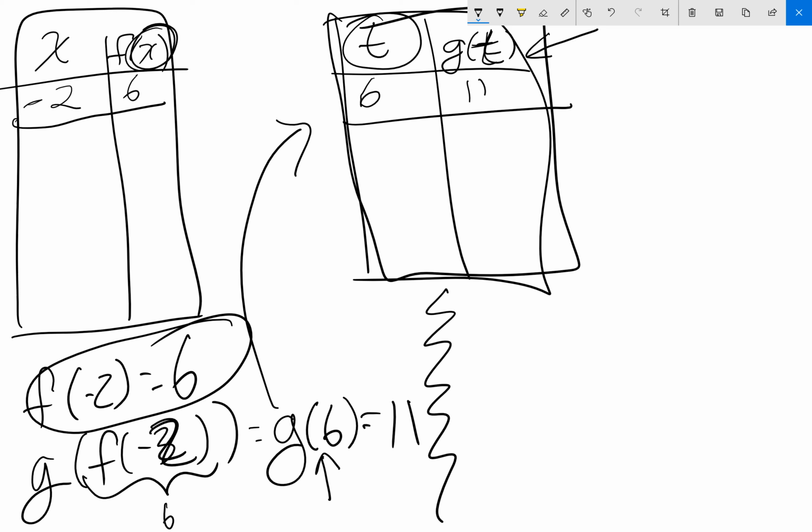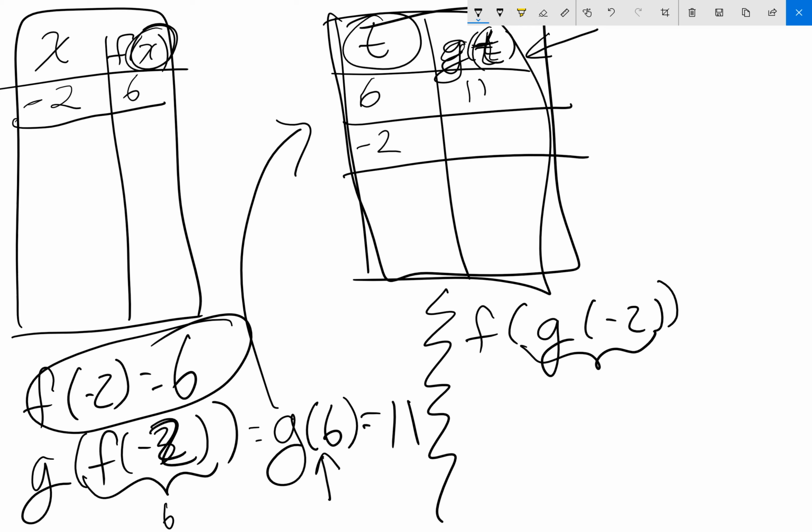Let's try f of g of -2. So we need to figure this one out first. What is g of negative 2? What is the output of g when the input is negative 2?